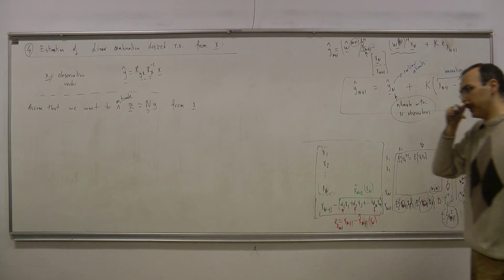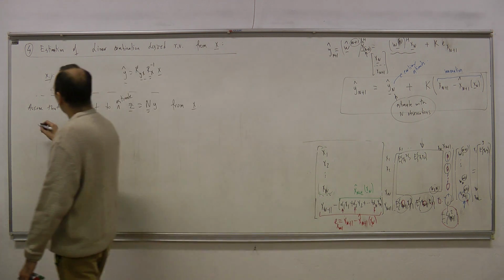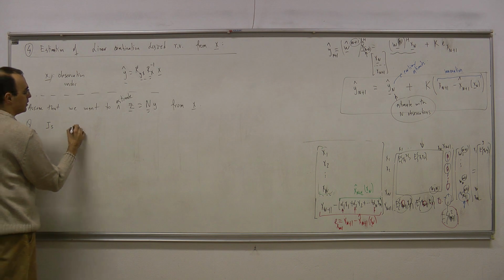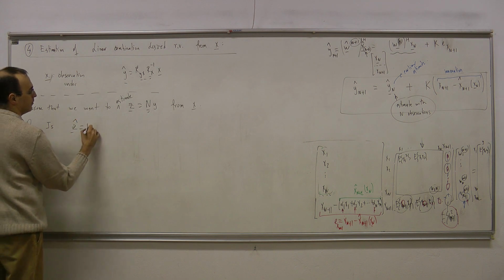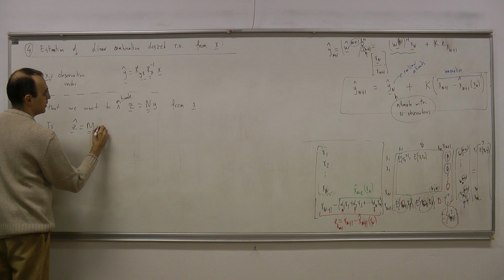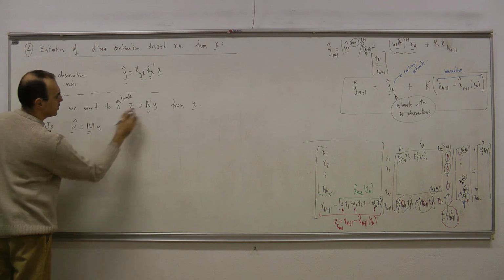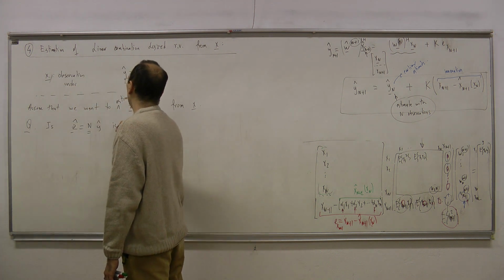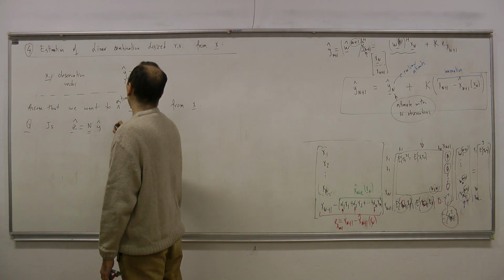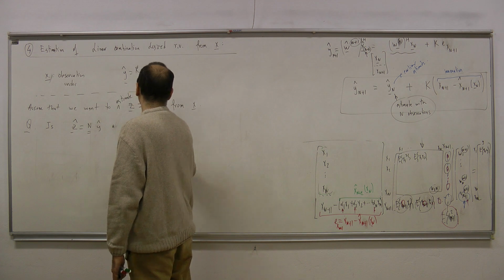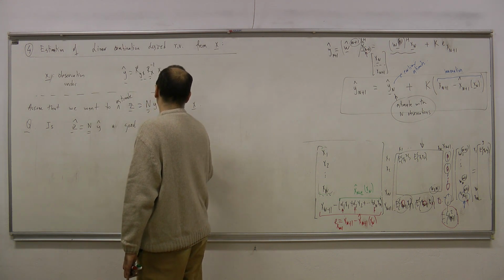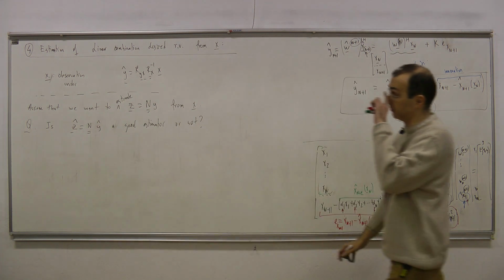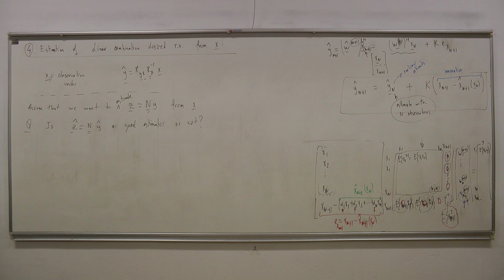So what should I do? So the question is: is z hat equal to N times this y hat? So is N times y hat a good estimator or not? Okay, that is the question.